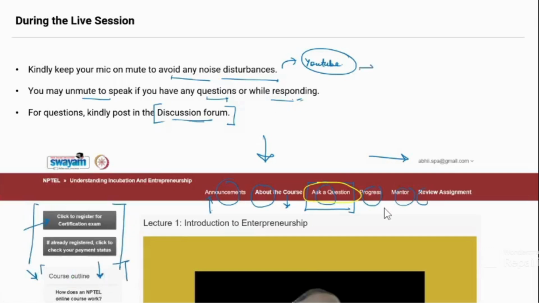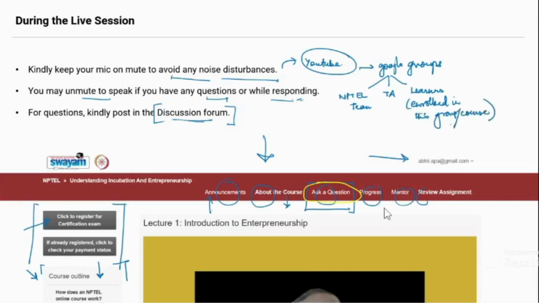Now it leads you to Google Groups, and in this group we have three stakeholders. You've got the NPTEL team, you've got me as your TA, and then you have all the learners who are enrolled in this course.